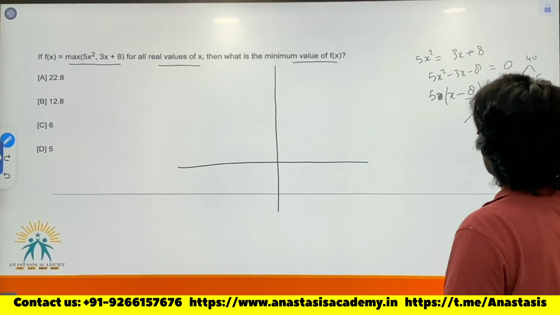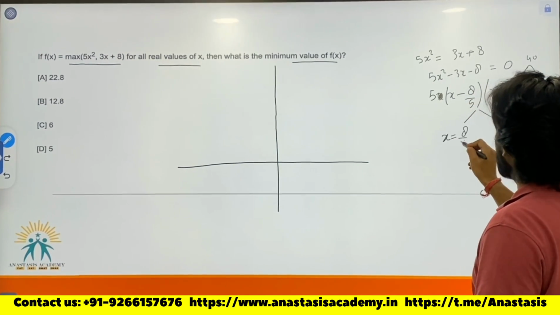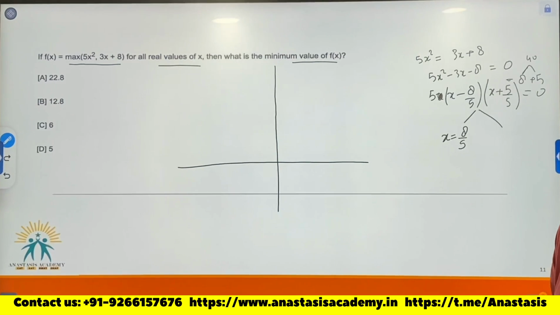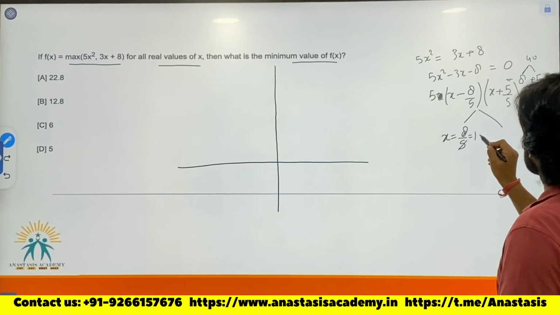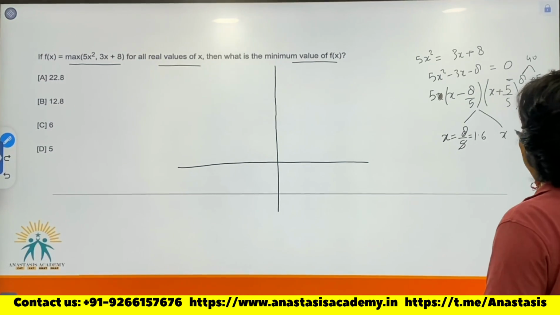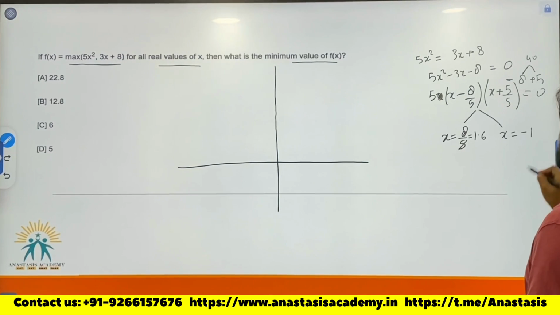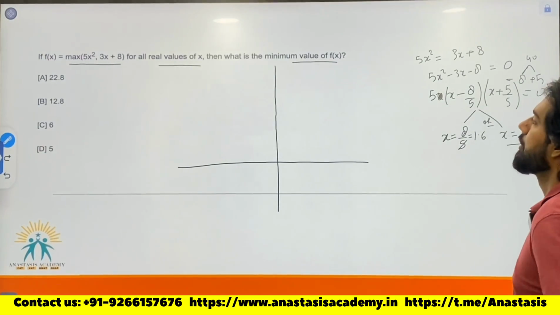So from here I get x as 8 by 5, that is 1.6, and x is equal to minus 1. So I get two values of x, 1.6 or minus 1.